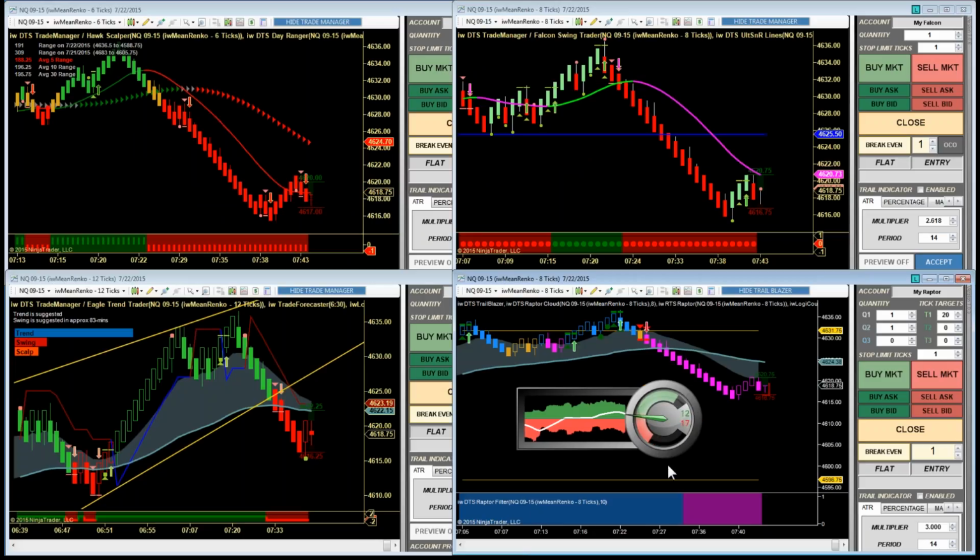Okay, it might take us a little while. We're probably going to get a 4-arrow consolidation building here on the Hawk. Working on a trend change signal here with the Falcon, but I would suspect that it too is going to head a little bit higher.